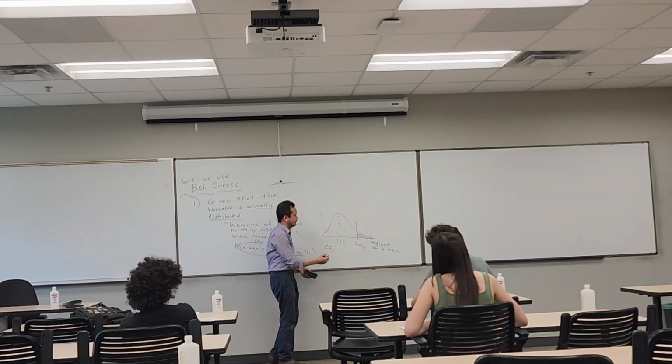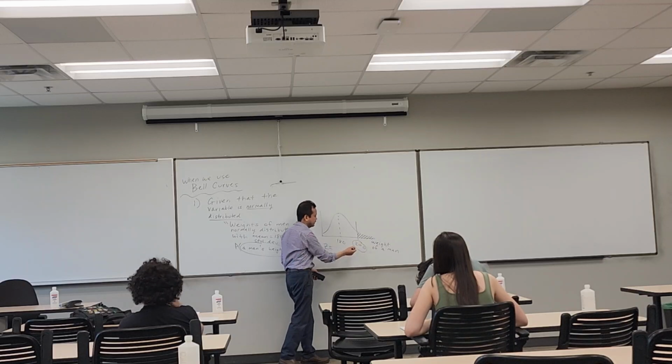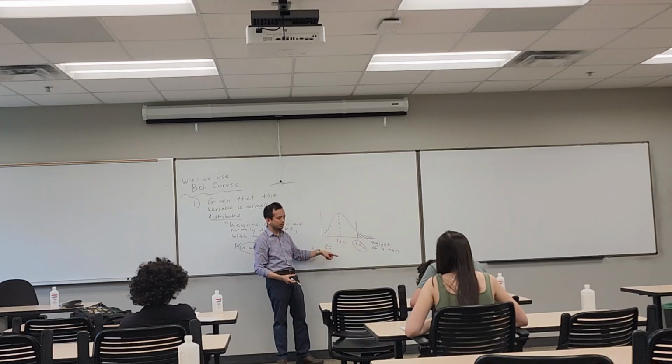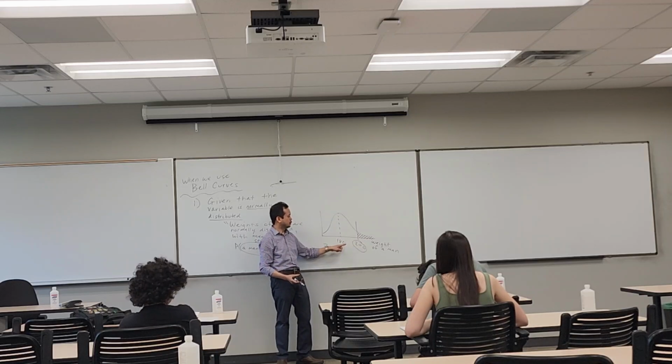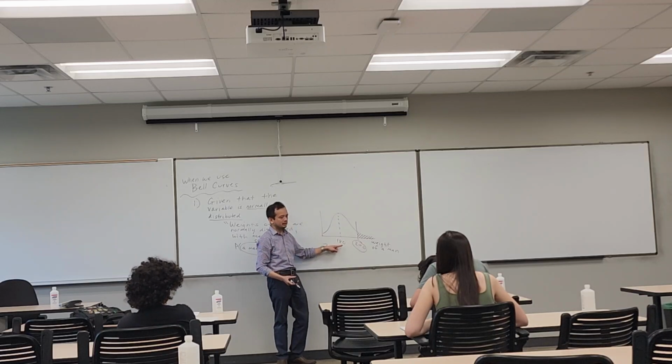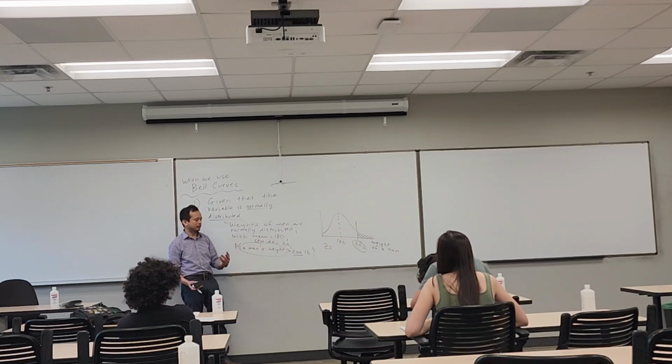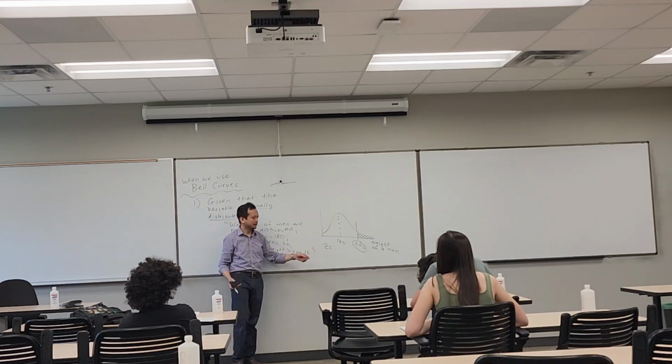So we need to find the z-score of this data point of 200. And remember, the z-score of the data point is the number of standard deviations that this data point is away from the mean. So this data point is 20 pounds away from the mean, but there's 20 pounds in each one standard deviation. So how many standard deviations are we away from the mean? One. So the z-score turns out to be exactly one.